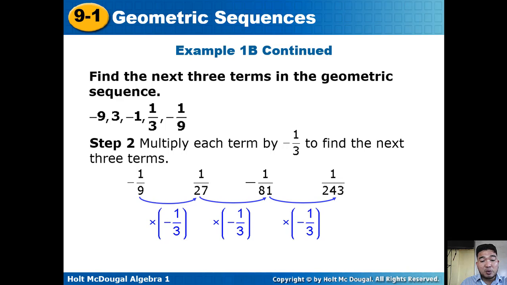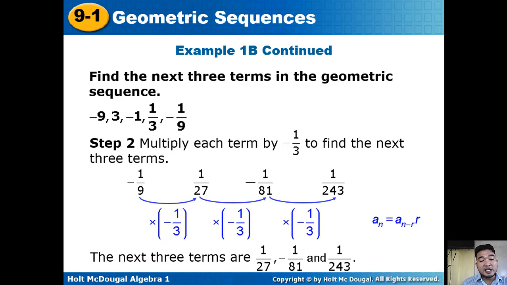Times negative 1/3 is equal to negative 1/81, times negative 1/3 is equal to positive 1/243. Again, a sub n is equal to a sub n minus 1 times r. So the next three terms are 1/27, negative 1/81, and 1/243.